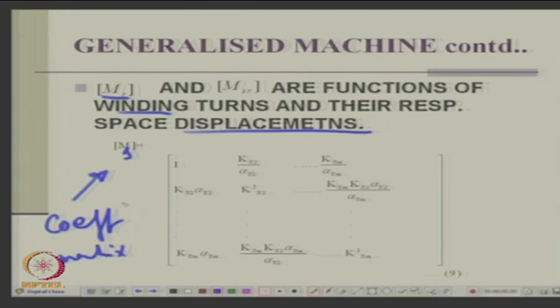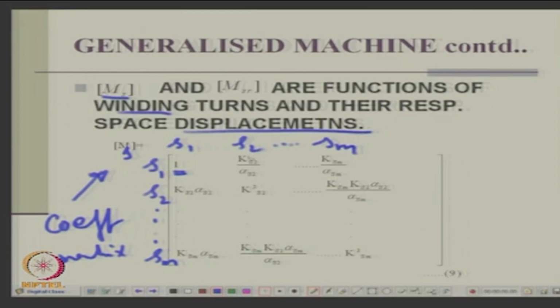This will be relating S1, S2 going up to Sm, and also S1, S2 going up to Sm, is it not. So, the first one will be the same as Xf, no problem, because S1 is my reference winding, right.